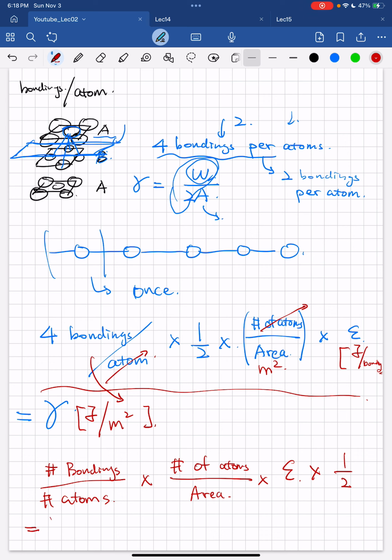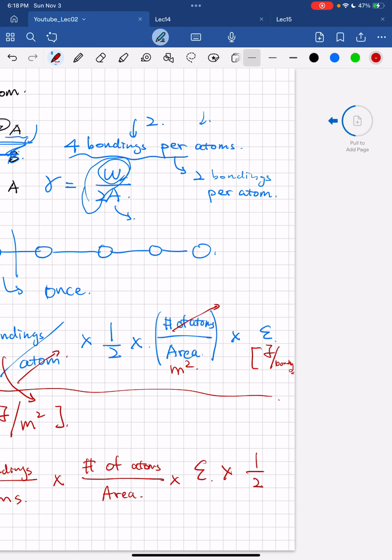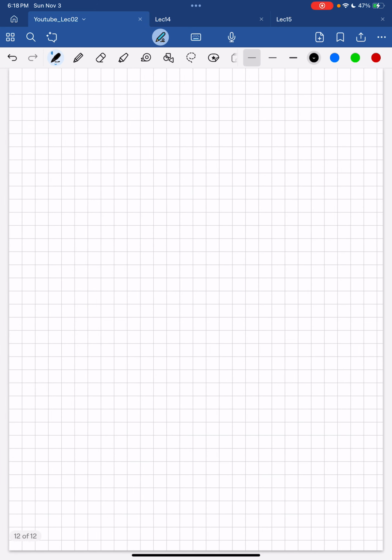This is the surface energy. This is how you calculate it. So for 111, I'll do 111 for you, and you can do 100 for yourself. Okay?